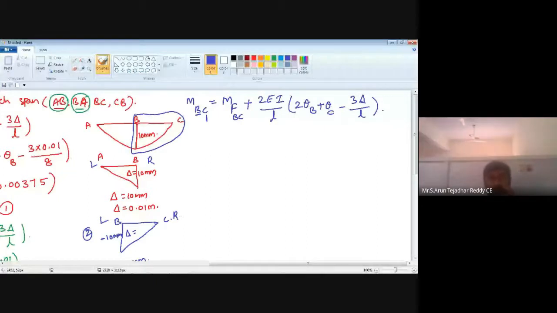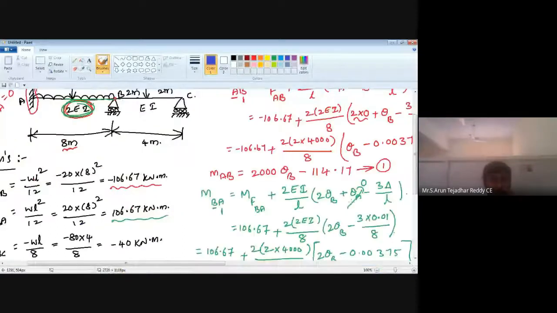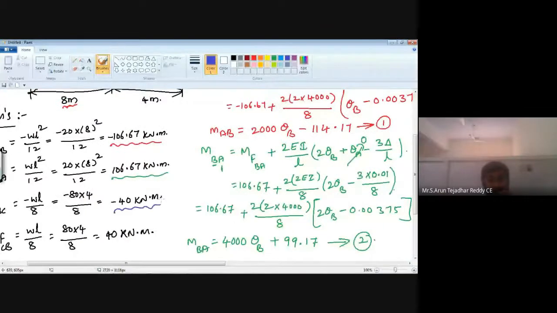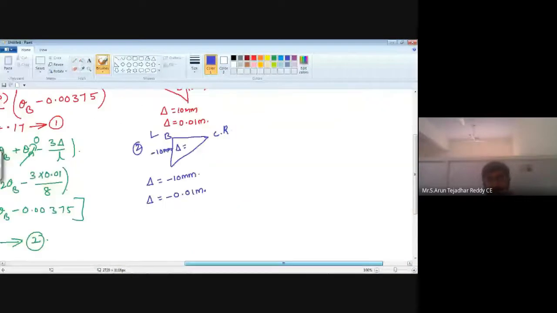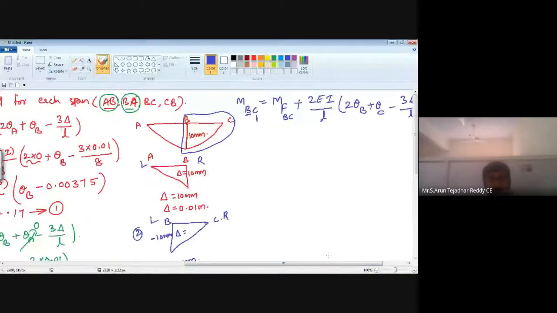Okay. Now already we know that MF BC value. What is the value of MF BC? Minus 40 kilonewton meter. Minus 40 plus 2 into, once again you need to check EI for BC.